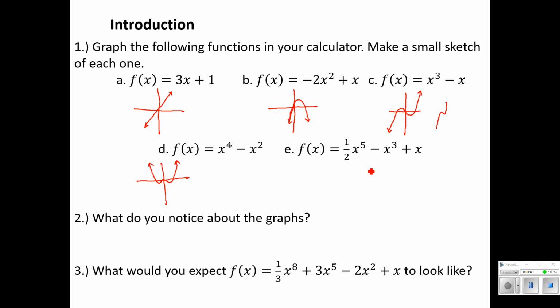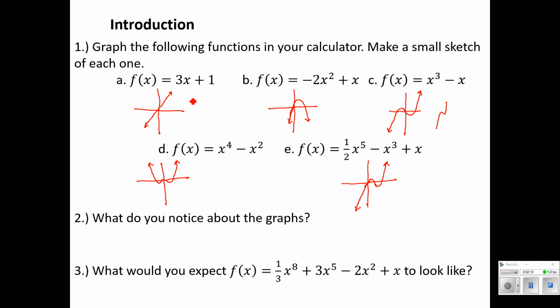And in letter E, we probably see, let's see, something like this. Something like that probably, but again, yours would probably be much more steep than that, just to kind of emphasize what those graphs look like.